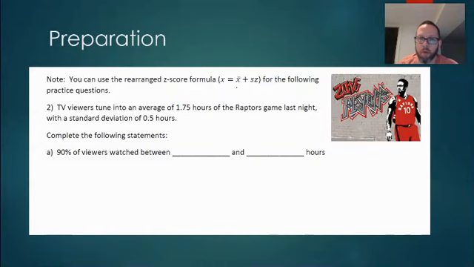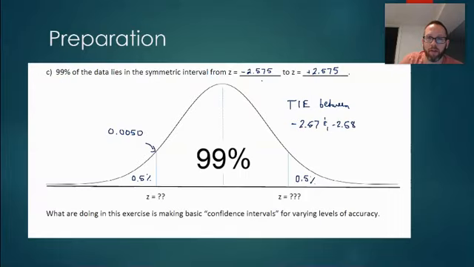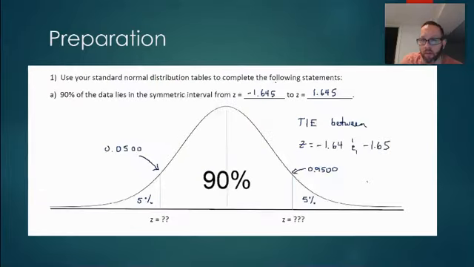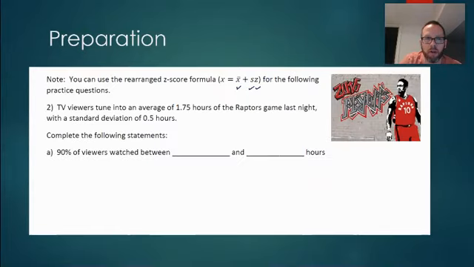So here we've got the mean and the standard deviation. And for 90%, you've got the z-score too. At 90%, the z-score we got was -1.645 and +1.645. So can you guys repeat this 2 times?